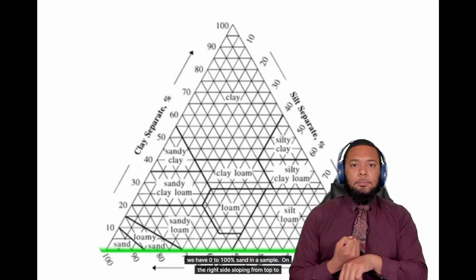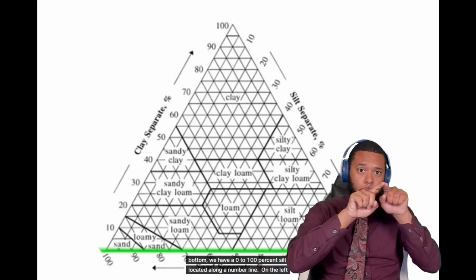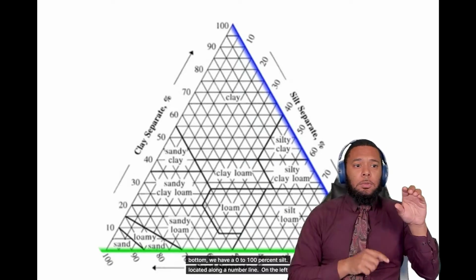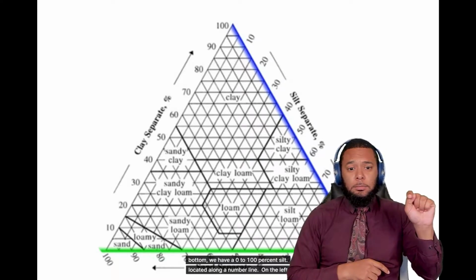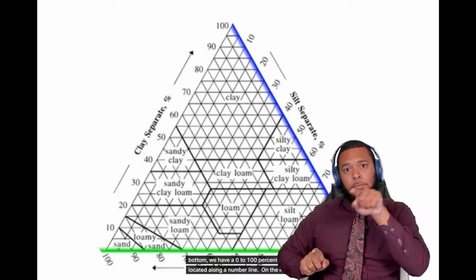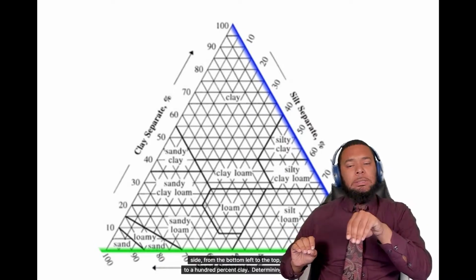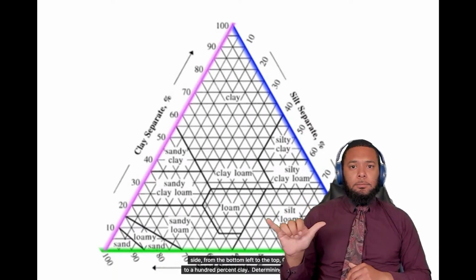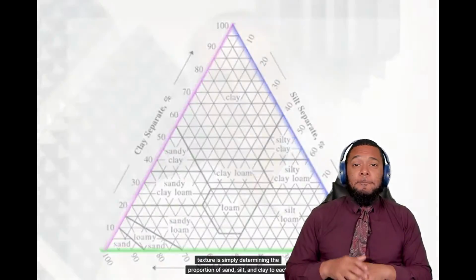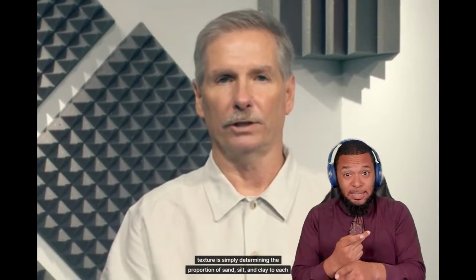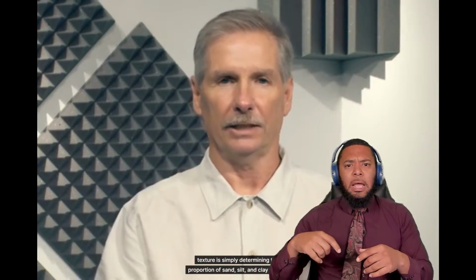On the right side, sloping from top to bottom, we have 0 to 100% silt located along a number line. And on the left side, from the bottom left to the top, 0 to 100% clay. Determining soil texture is simply determining the proportion of sand, silt, and clay to each other.